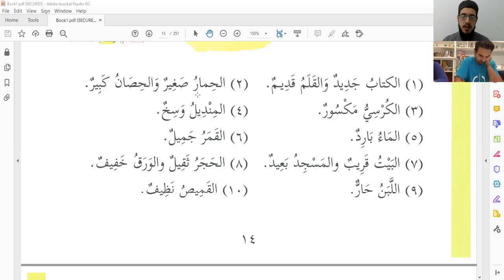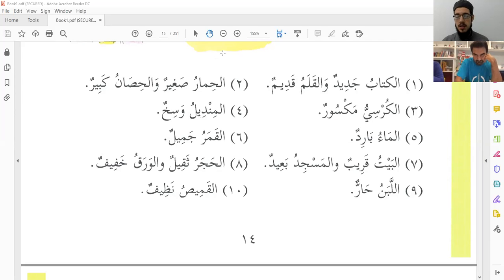And we discussed how that made it definite. So we introduced the grammatical concept of definite versus indefinite nouns. In English, this is completely 100% translatable to the and a. We say kitabun is a book, whereas al-kitabu is the book, right?